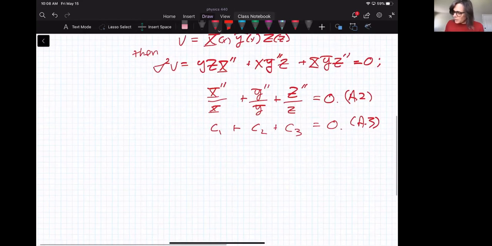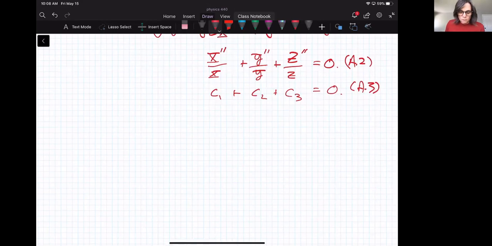So that's Laplace. An equation that you may not have seen is the Helmholtz equation, and that describes diffusion.